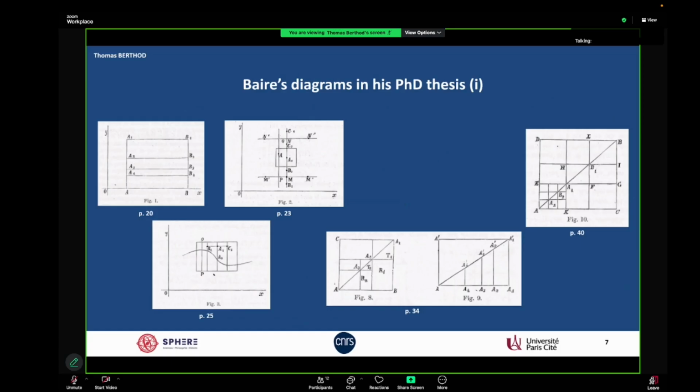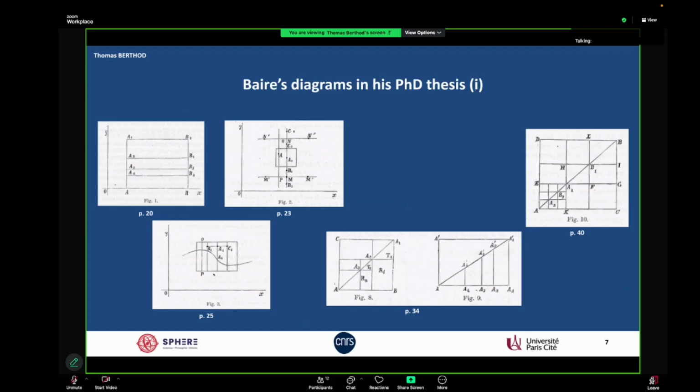The first three are at the beginning of his PhD thesis, but it's not just in a specific part. You could find diagrams in all the sections.